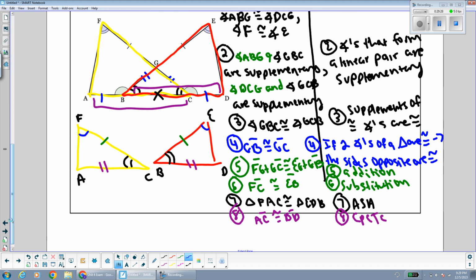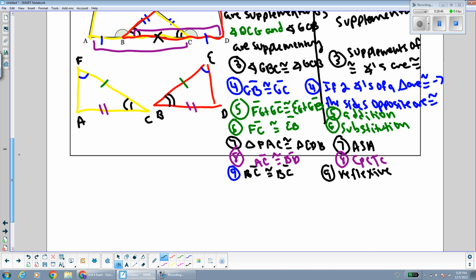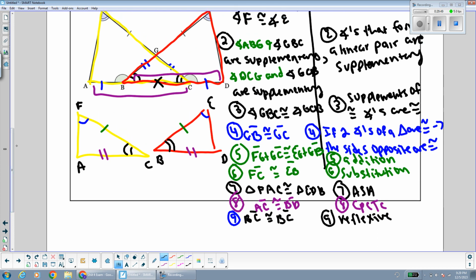So let's write out the subtraction. Before we can do the subtraction, we do need to say that BC is congruent to itself by the reflexive property because we are going to be subtracting that from both longer segments to arrive at our shorter segments. Let me get a little bit more space over here. I don't want it to completely go off the screen. Okay, so we have AC minus BC, and that leaves us over with AB, which is the segment that we want.